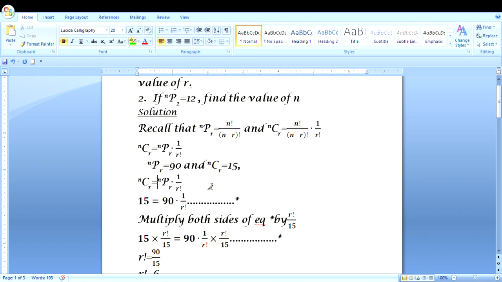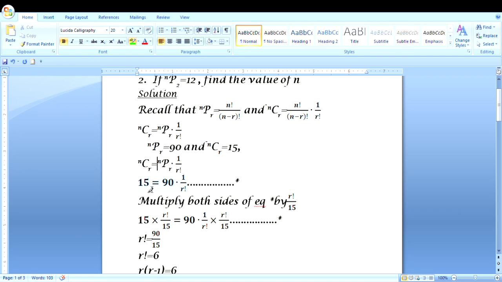Let's find the value of r that satisfies the equation. So here nCr is equal to nPr times 1 over r factorial.